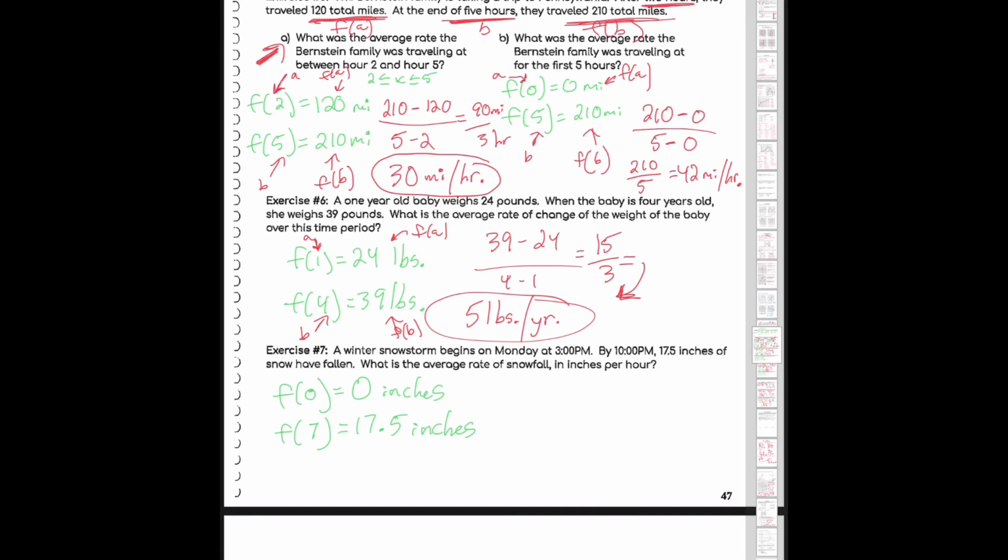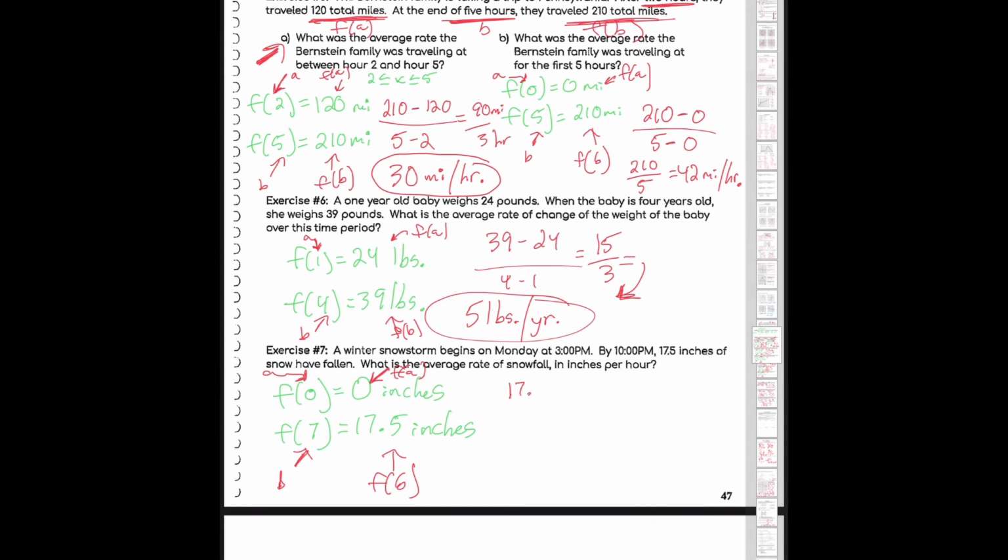And then our last one, we say a winter snowstorm begins on Monday at 3 o'clock. So that's when it begins. So that's our 0. So 0 hours. Again, we have to make sure we label the starting point. Obviously, there's no snow on the ground yet. So there's our A and our f of A. And then by 10 o'clock, so after 7 hours, B, and then our f of B, because that's how much snow fell, we then need to find the rate of change.